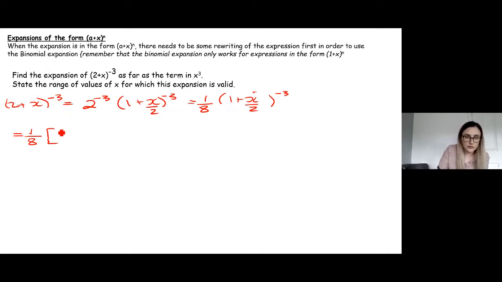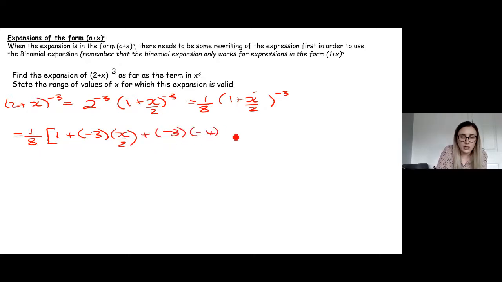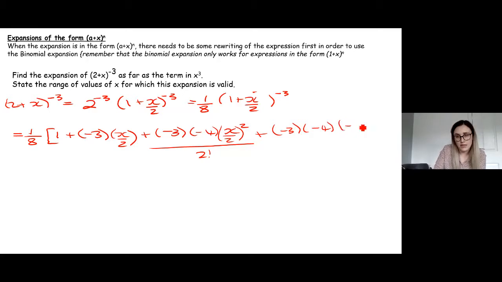Okay, so if I go back to my expansion then, that's going to equal 1 over 8. We're going to start with 1, always start with 1, plus, and our n this time is going to be minus 3, and then our x is x over 2, plus minus 3, minus 4, all of the x over 2 squared, over 2 factorial, and then plus minus 3, minus 4, minus 5, x over 2 all cubed, and that's going to give us our 3 factorial.